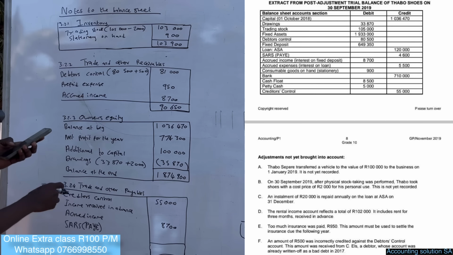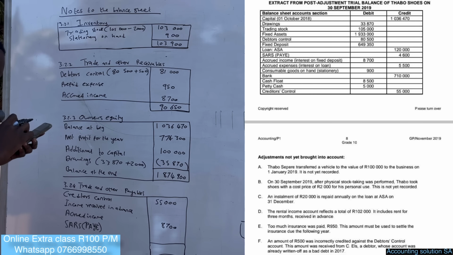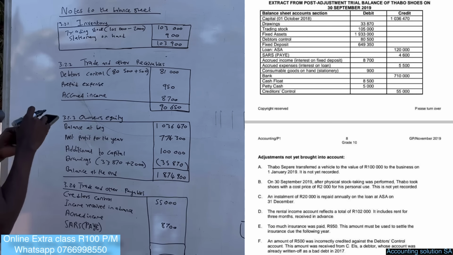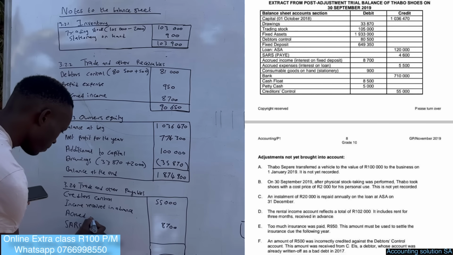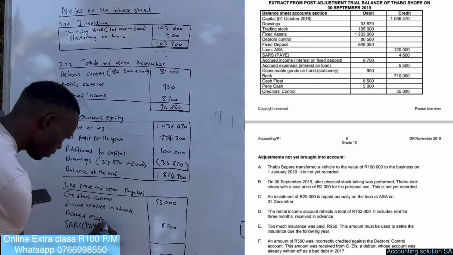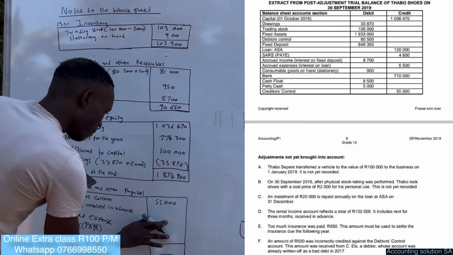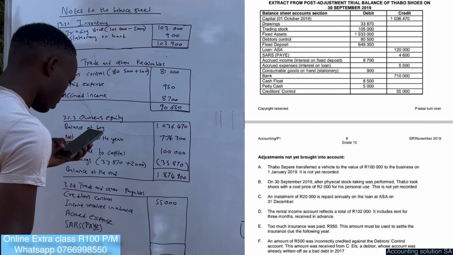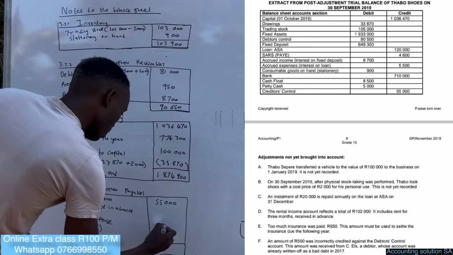Let me copy the correct balance. Okay, guys, this one is not accrued income, it's accrued expense. Accrued expense, and the amount is 5,500.